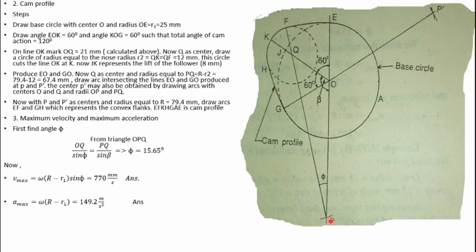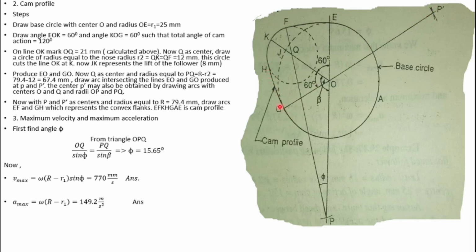See, because we have found the center P and a radius equal to PE, or we can say PF, with that radius and center P we can draw an arc which will be tangent, meeting the base circle and the nose circle. Similarly, from point P dash, we draw an arc of radius PG, which will meet the base circle and nose circle.